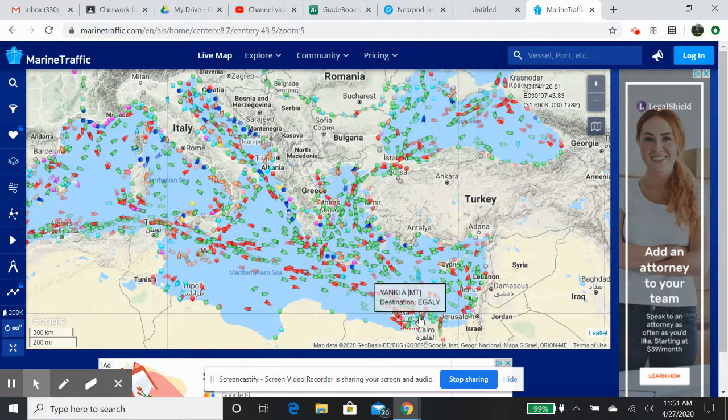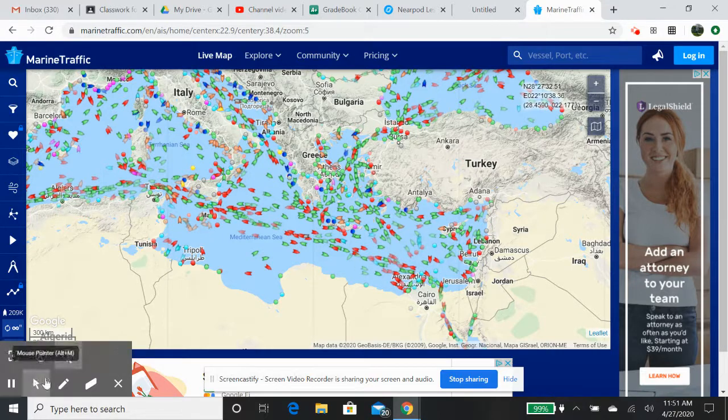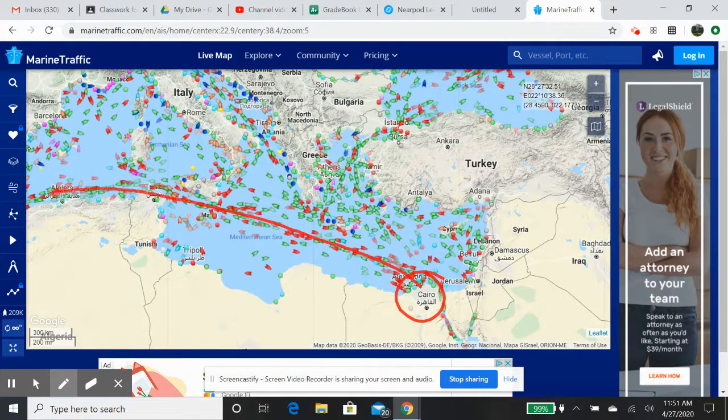Here is Alexandria. You've got Cairo. This is a major movement of vessels through here, and they're moving through that way.